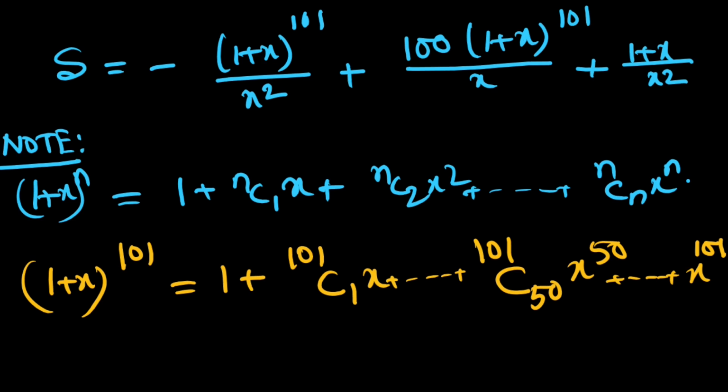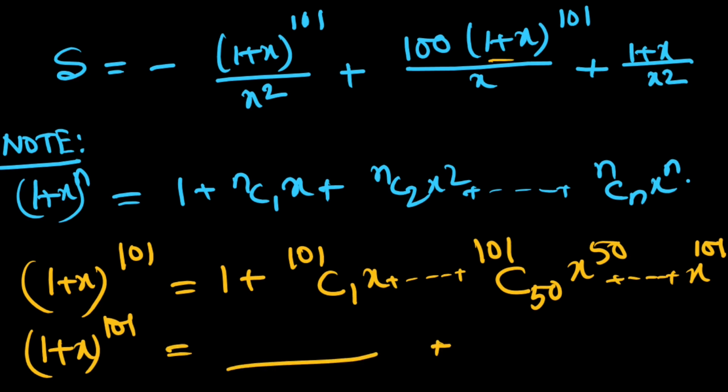So we expand this term in binomial expansion, same expansion, same things. We need to find the coefficient of x power 49, which is 101C49 x power 49, and the rest are the same. So we take the coefficient of x power 50 from here and x power 49 from here and put it here.